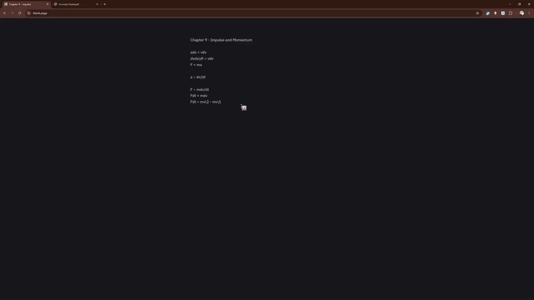And this equation here, if I add on an integral to it right here, this equation is the principle of impulse and linear momentum. Because this is what momentum is. Momentum is mass times velocity, right? So nothing crazy about that. And this is a vector equation, the force and the velocities, these are vectors, right?